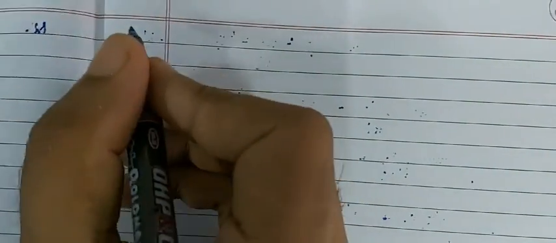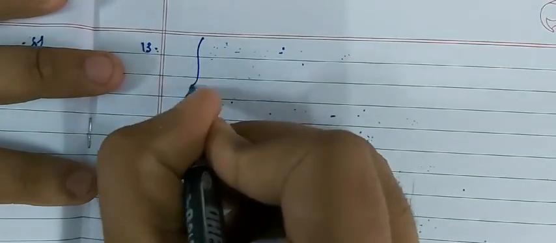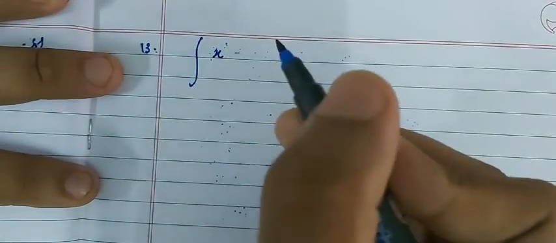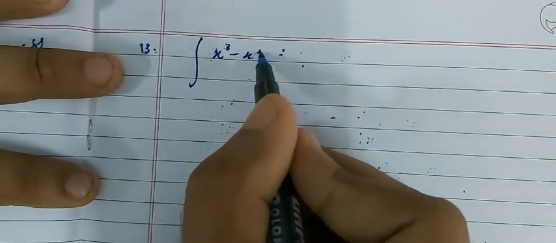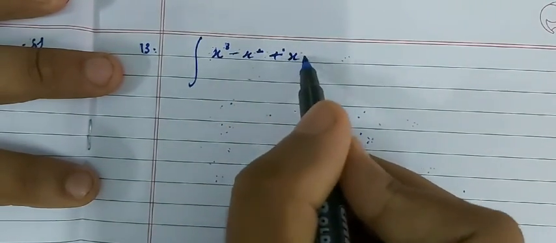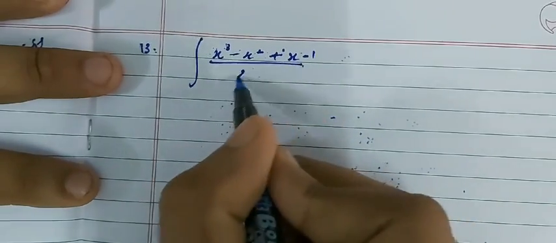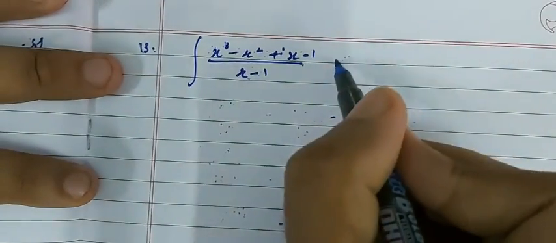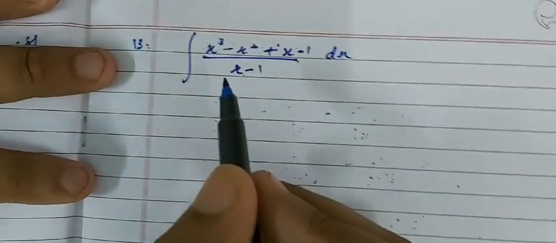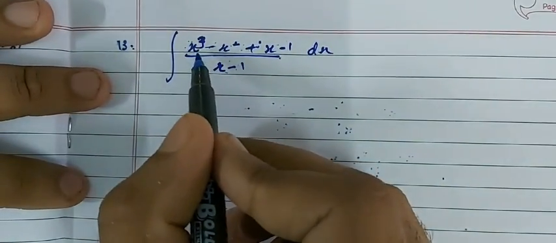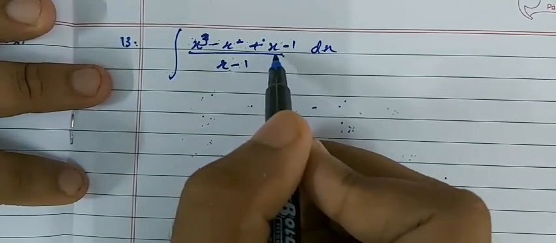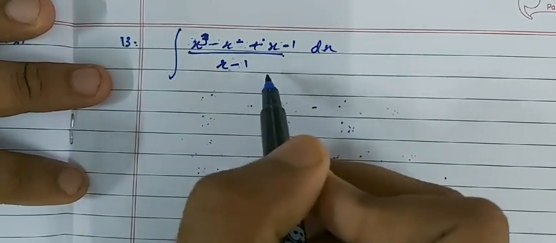Now we go on to the 13th question. So what is the 13th question here? The 13th question is integral of x cube minus x square plus x minus 1 by x minus 1 into dx. So look at this question with more concentration. There's an x cube here, an x square here, x here, 1 here, x minus 1 here.